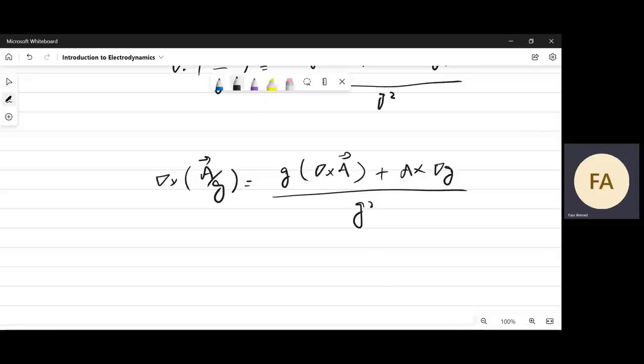All these relations can be proved easily using component form.